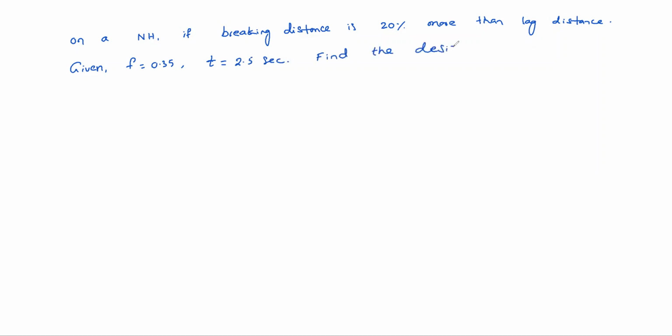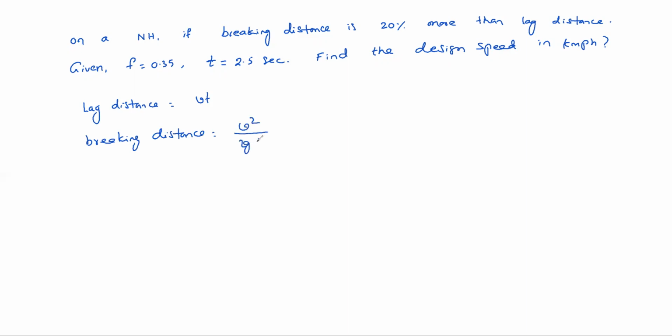Find the design speed in kmph. Okay, you know, lag distance equals Vt, braking distance equals V square by 2gf.